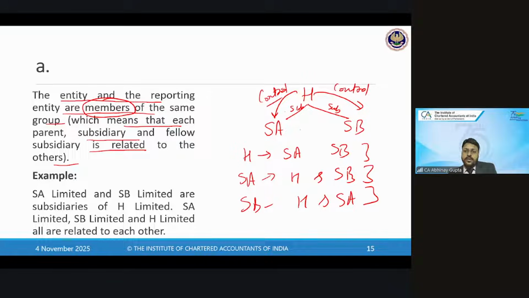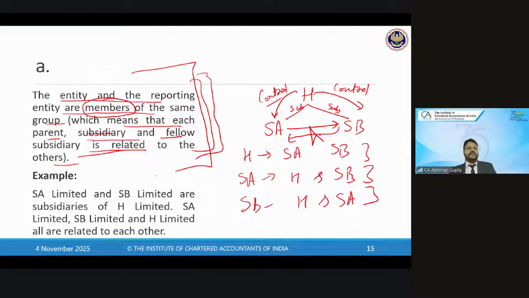So by virtue of this control, SA and SB are related to H. Now, when the standard is explicitly calling these parties related, why are we checking control here, that SA is not controlling SB and SB is not controlling SA? No point in checking control when the clause clearly says that subsidiaries and fellow subsidiaries are related to each other. Clear? Yes, sir.